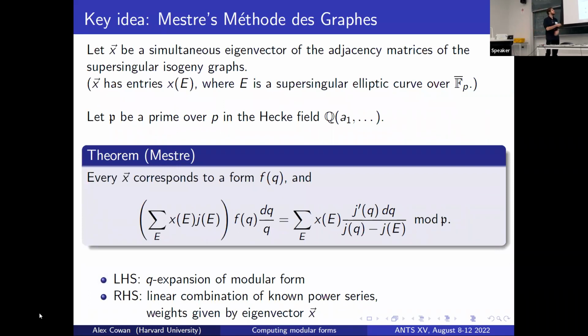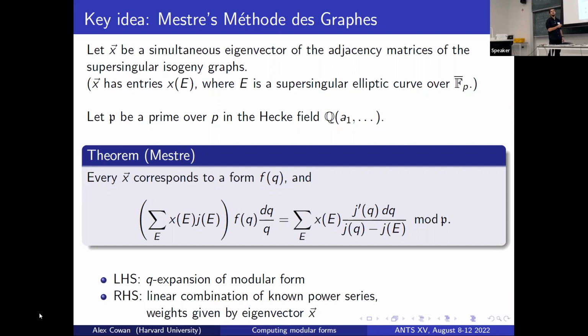the main point is that there's this theorem of Mestre, which says that, on the left-hand side, you have this f(q). And this f(q) is the q-expansion of a modular form of level p. And on the right-hand side, you have this x. And this x is an eigenvector of the adjacency matrix of a supersingular ℓ-isogeny graph.